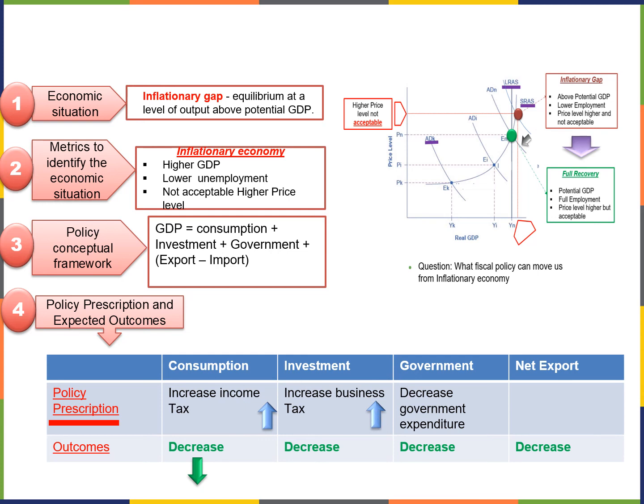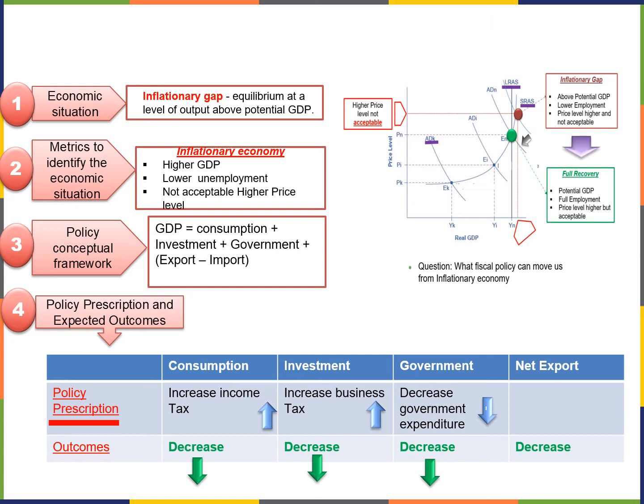Similarly, since we increase business tax, businesses will not have enough savings in the account and will not have incentives to want to increase investment. Therefore, investment will decrease. Government expenditure will also be decreased, and that will cause a decrease in the government expenditure component of our GDP computation.